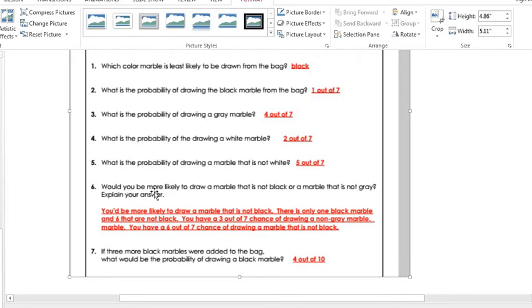Would you be more likely to draw a marble that's not black or a marble that's not gray? The answer would be you would be more likely to draw a marble that's not black. There is only one black marble and the 6 that are not black. You have a 3 out of 7 chance of drawing a non-gray marble. You have a 6 out of 7 chance of drawing a marble that's not black.